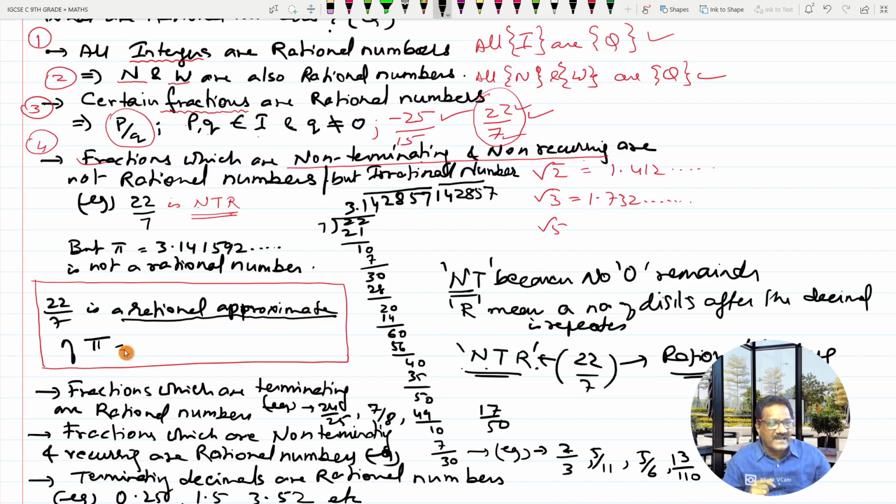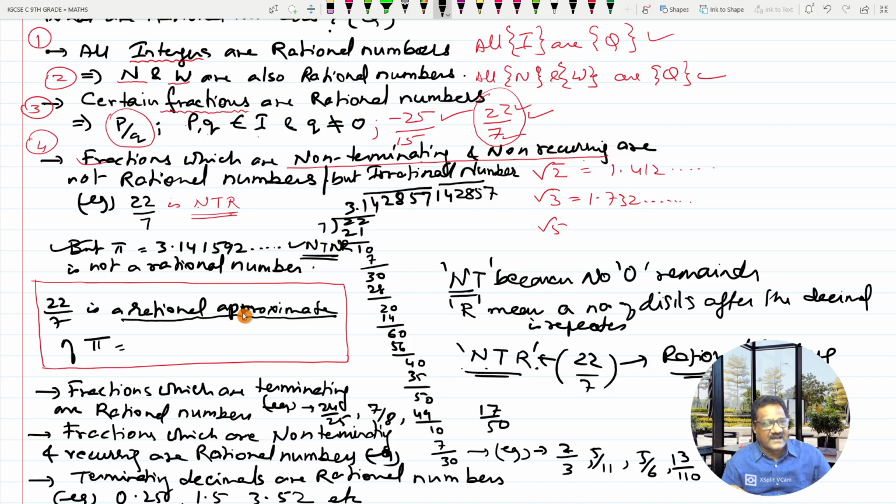The value of pi is actually 3.14159 dot dot dot dot dot. So pi is an irrational number, because this dot dot dot represents that it is not recurring. Whenever it is recurring, you will always put a bar on top of the recurring digits. Here I have not put a bar on any set of digits after the decimal point, so this indicates that it is non-recurring. So the value of pi, 3.141592 dot dot dot, means this is non-terminating and non-recurring, NTNR.